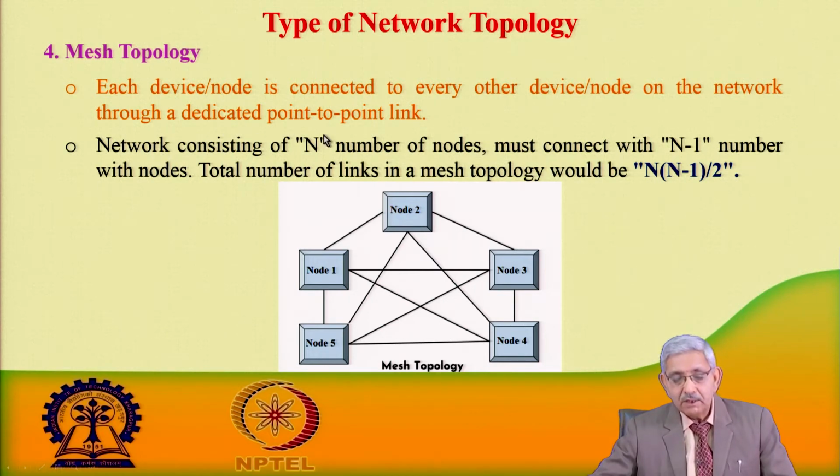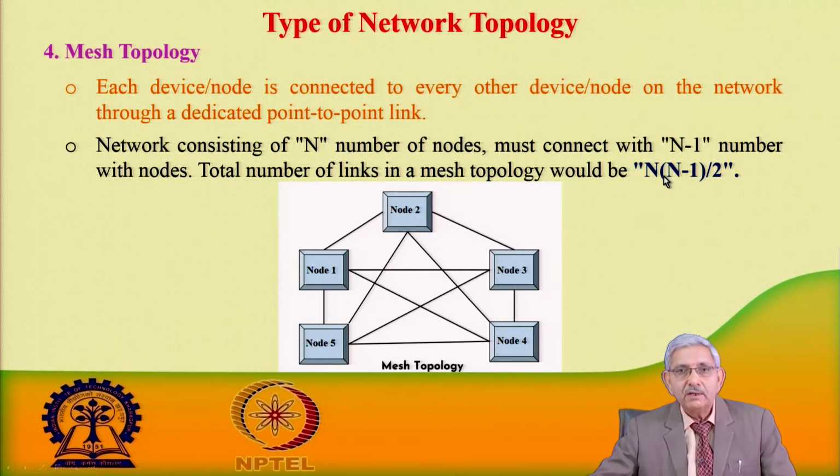A network consisting of n nodes must connect with n minus 1 nodes, meaning this one will be connected with the 4 others, excluding its own. So, n minus 1. So we can say the total number of links in a mesh topology will be n, the total number of nodes, multiplied by n minus 1, divided by 2.